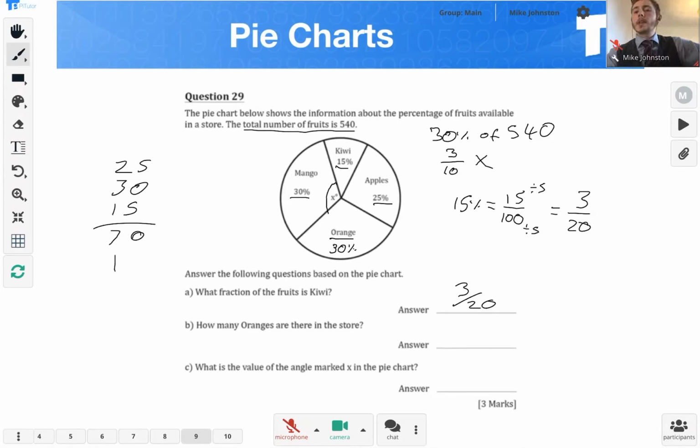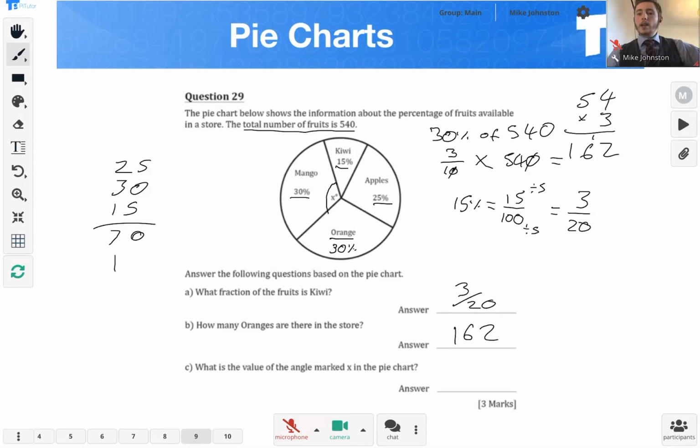So this is the same as 3/10 times 540. Let's cancel the zeros. Now it's basically just 3 times 54, and you might want to do that column method: 3 4s are 12, 3 5s are 15, plus the 1, 162. So in total there are 162 oranges.